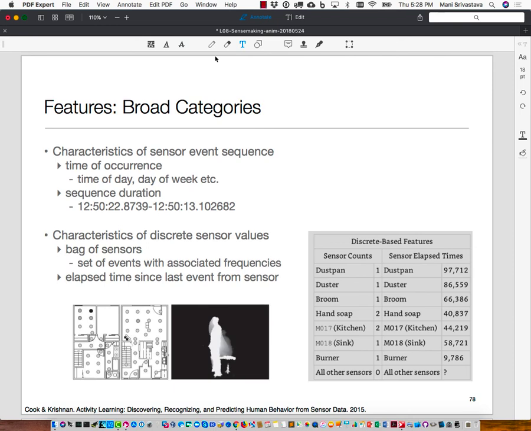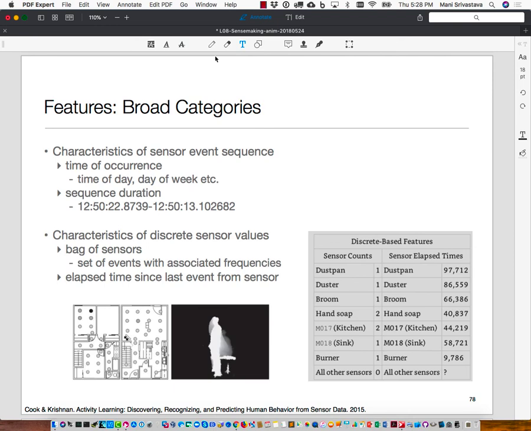Likewise, if the motion sensor at the front door triggered, and then the motion sensor in the living room triggered, those kinds of things might indicate, hey, I arrived home, right? So just by looking at what set of sensors and their relative frequencies, that's the bag of sensors approach, can tell you a lot. In this case we are ignoring the ordering, but it can still be quite useful.